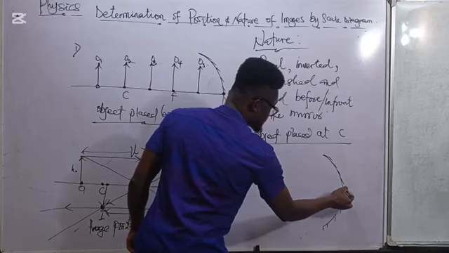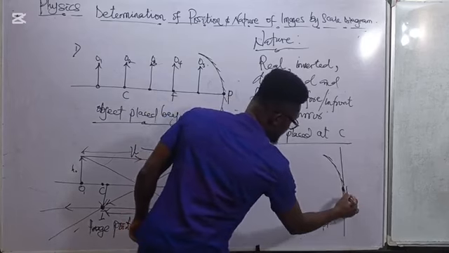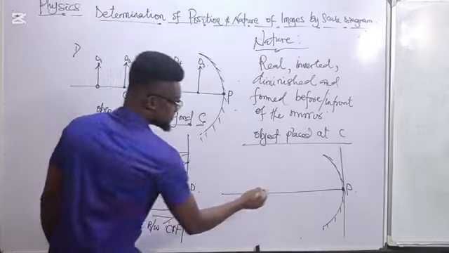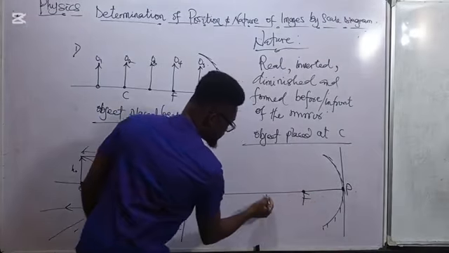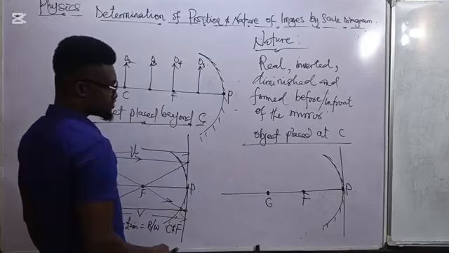Then remember, we are using a reference line again. So here is the pole. We have the principal axis. So if here now is the principal focus, then this point becomes the center of curvature.